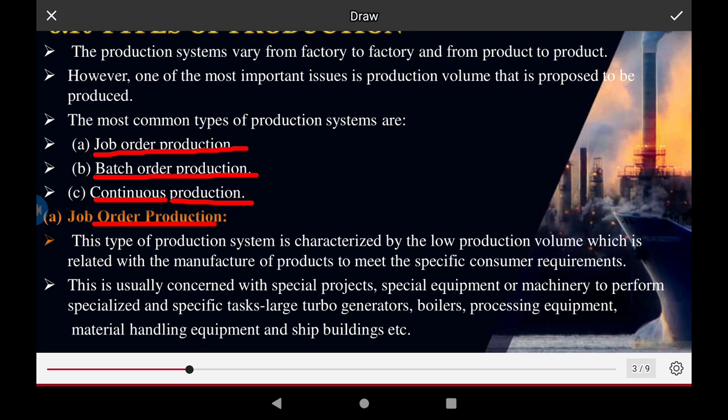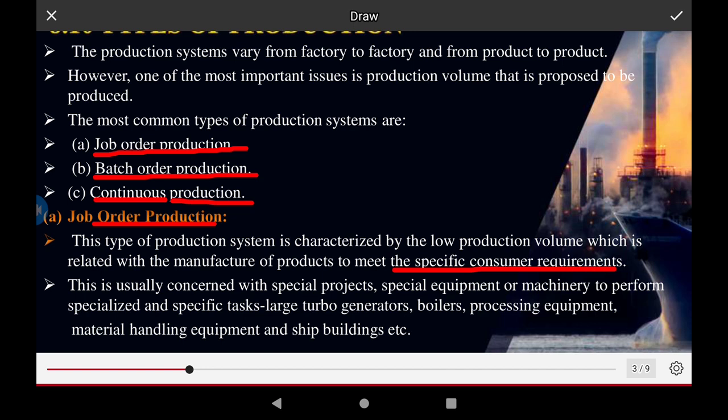The job order production is achieved for the order. The order is given by the customer or consumer. Then the production starts on the basis of the customer order, to meet specific consumer requirements.